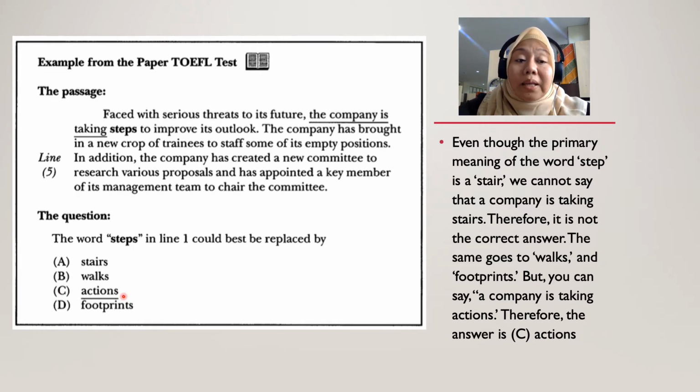You see, even though you know the meaning of the words, you still have to read the sentence in which the word belongs, and see the context in that sentence. We have to really contextualize the meaning, because, just like this example, we cannot say that a company is taking stairs or a company is taking walks, but the company is taking actions.